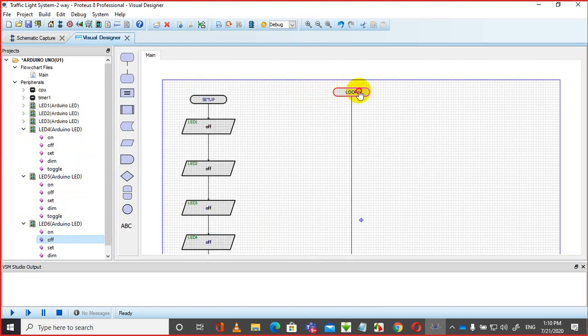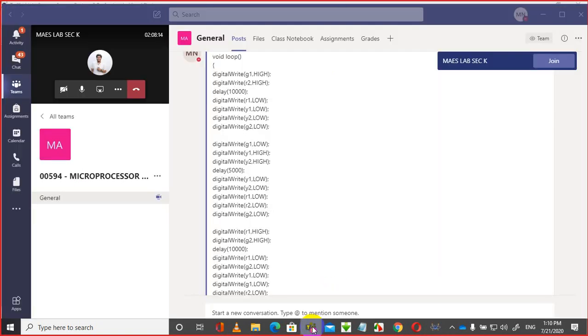In the loop section, if you look at the coding, first make the green light of LED 1 high, and when the green light of LED 1 is high, look at over here, red light of LED 2 is high. That is, when one lane is green, the other lane is red.